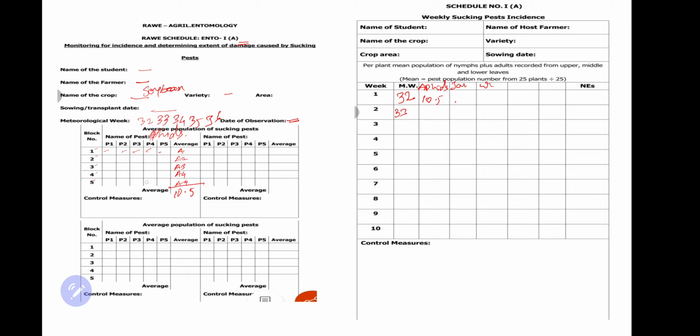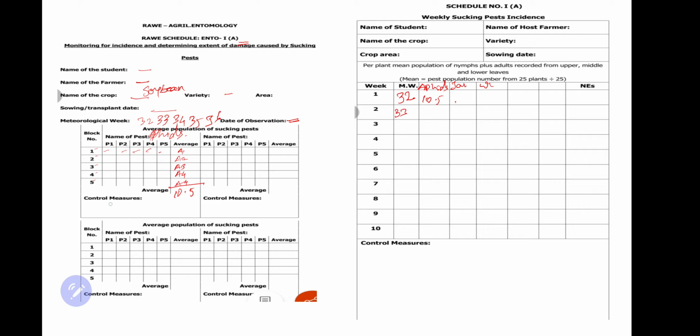It is not necessary that all the blocks get filled. If the attack is of only one pest, mention that. If the attack is of more than one pest, mention all of them respectively. And then finally mention the control measures. Here you are mentioning the control measures for 5 weeks.